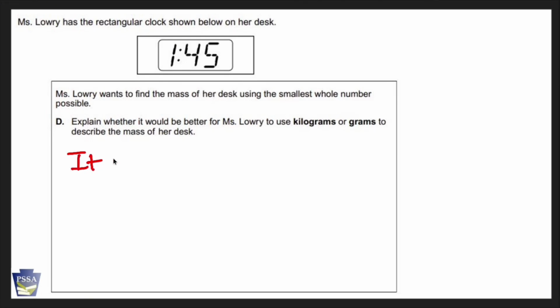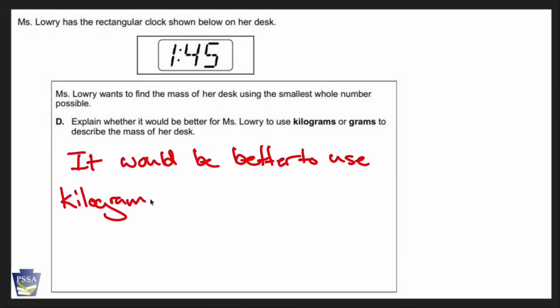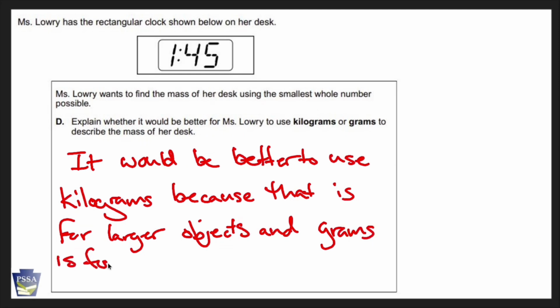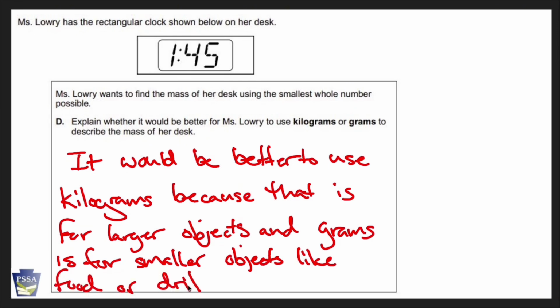So we are going to say it would be better to use kilograms because that is for larger objects, and grams is for smaller objects like food or drinks.